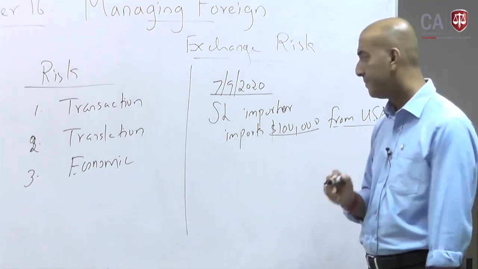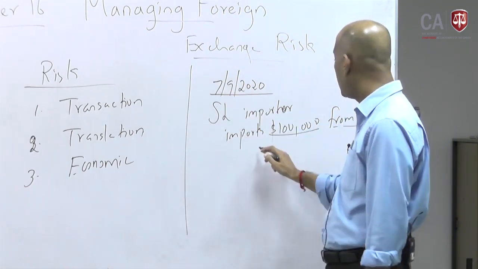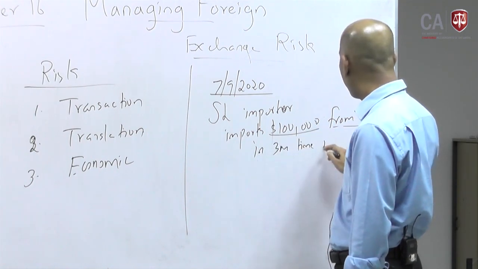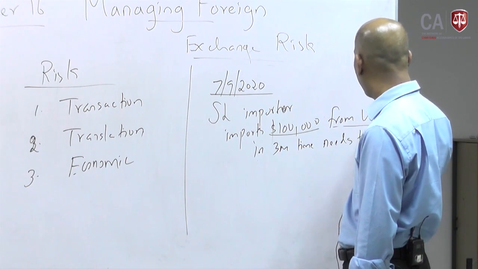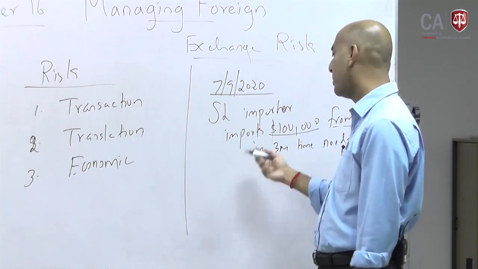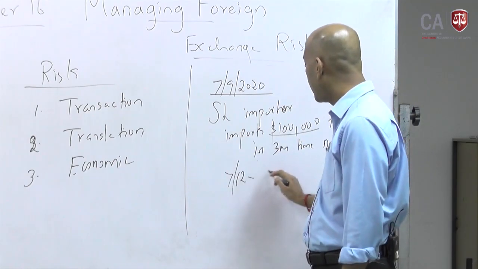You are importing. So today is 7th of September, and in 3 months time the supplier needs to be paid. That is, 7th of September means October, November, December. So 7th of December is the settlement date.